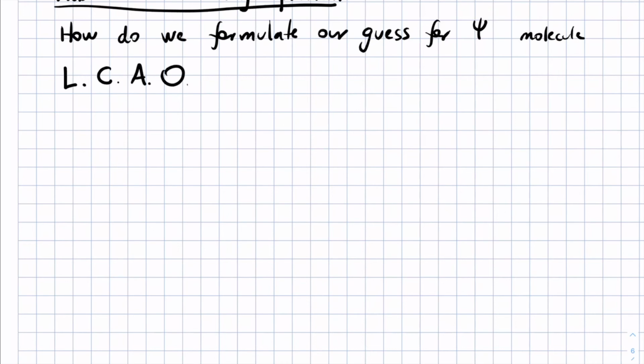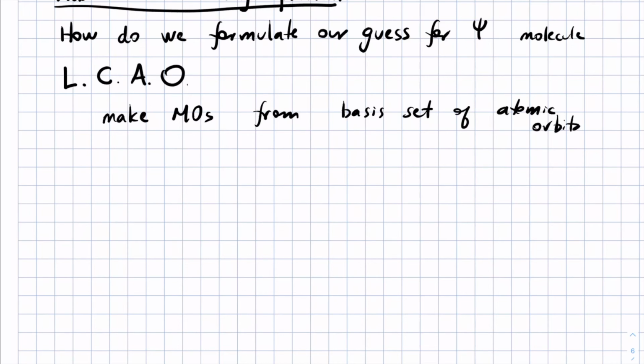I won't try to write all of that down. What this means is we're going to make molecular orbitals from a basis set of atomic orbitals. The basis set of atomic orbitals is the alphabet of orbitals you have on each atom that you're bringing together that you're going to combine to make the new molecular orbitals.